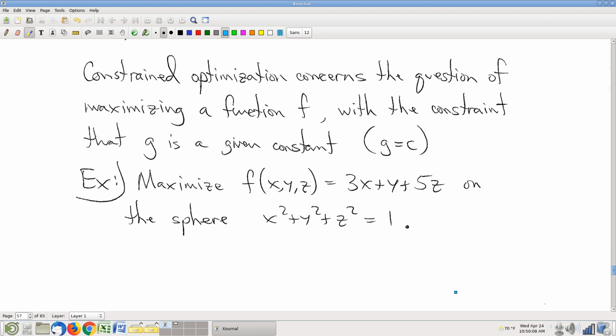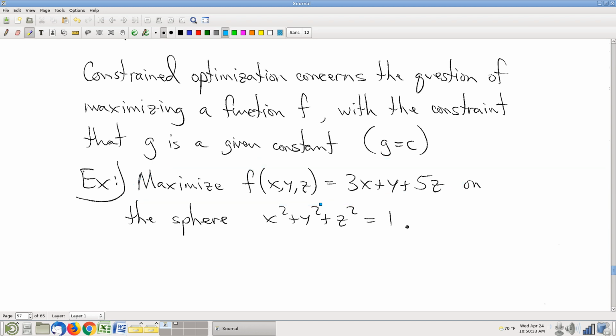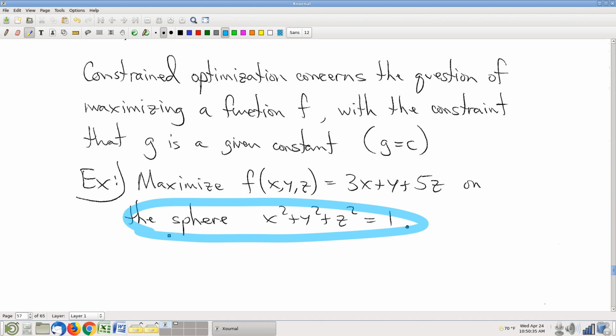Alrighty. So here's an example of the kind of problem that we're going to be dealing with. Suppose I want to maximize a function that looks like this. And there's a temptation to say, you can't maximize that function. It can get arbitrarily big. Just let x be 1 billion. Right? There is no maximum. Yes, but if you constrain yourself to saying, I'm only going to look at points on the sphere, you can't let x equal 1 billion anymore.